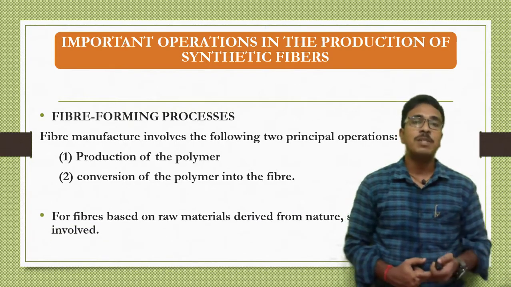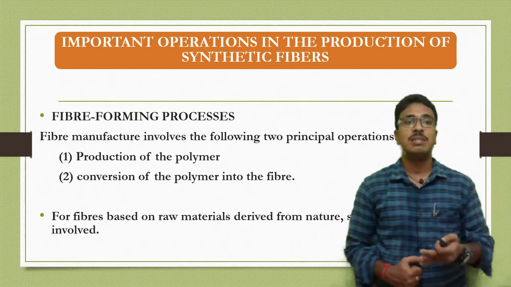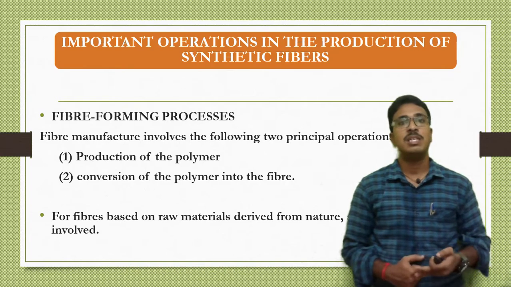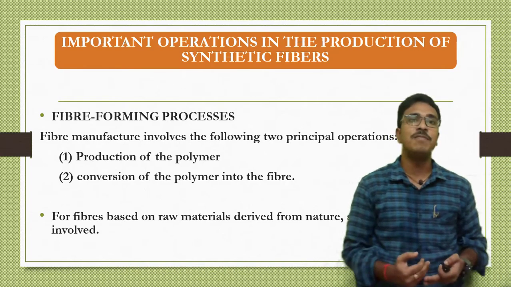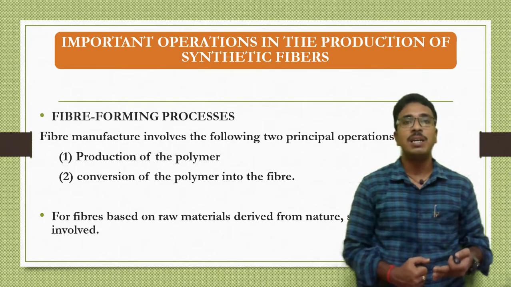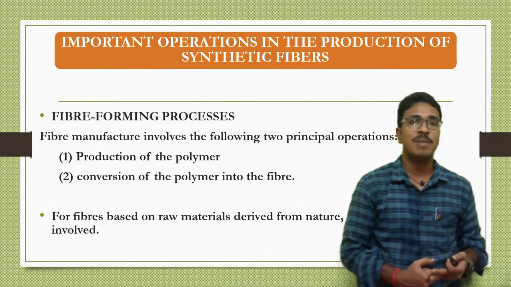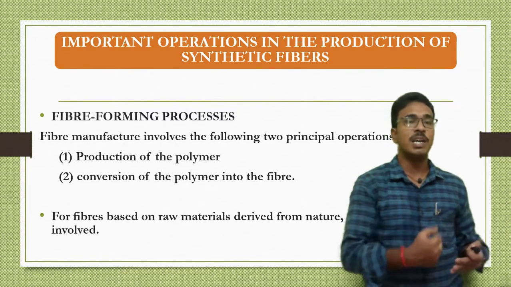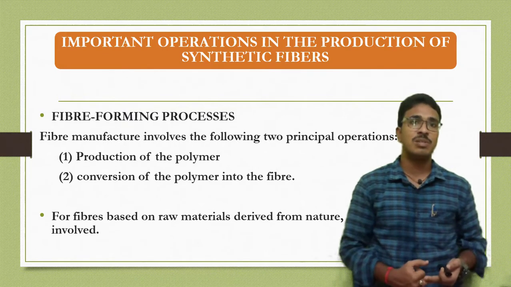For fibers based on raw materials derived from nature, step 1 is not involved. Say, for example, in the case of regenerated fibers, as we discussed in our last discussion, the input material is a natural source. For example, in the case of viscose rayon fiber, we take wood pulp as a natural source.